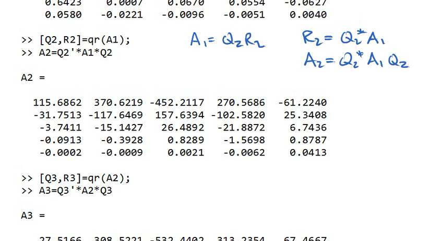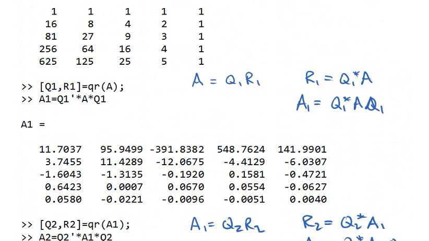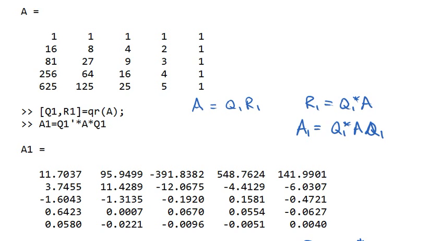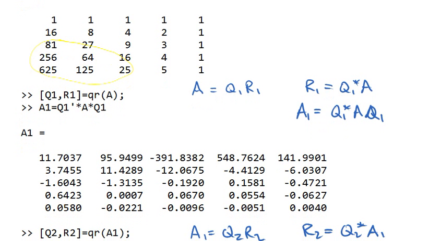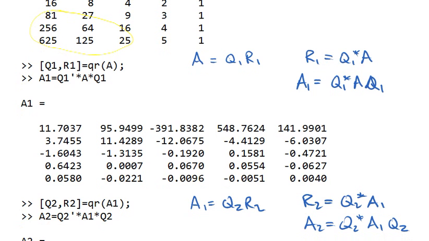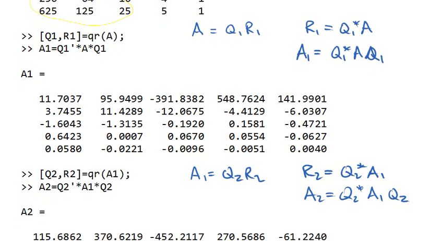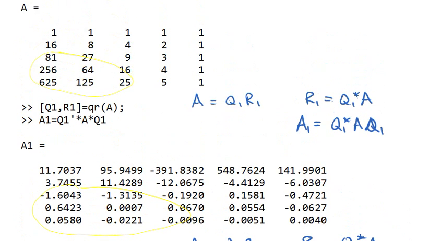Now, what you might notice about this, if we go back and compare to the original matrix, the numbers in the original matrix in this lower triangle were actually quite large initially. And then multiplying on the left by Q1 transpose made them 0, but then multiplying again made them not 0. But you'll notice that they're a lot smaller than when we started, by orders of magnitude.